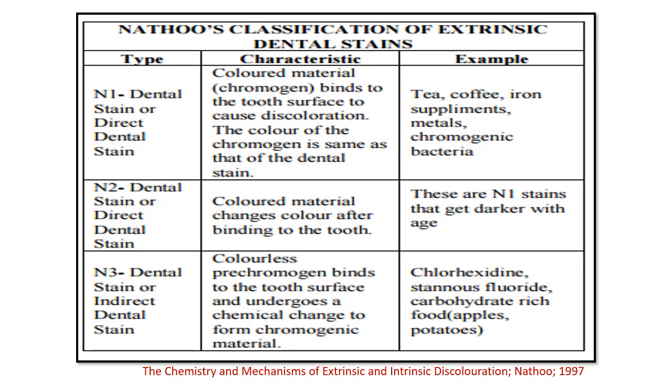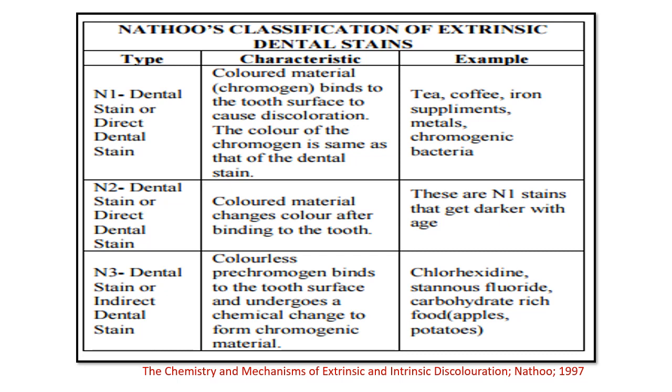The famous classification given by Nathoo, that is Nathoo's classification of extrinsic dental stains, which is N1, N2, and N3. N1 is a colored material which binds to the tooth surface to cause discoloration, and the color of the chromogen is the same as that of the dental stain.